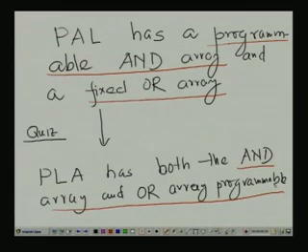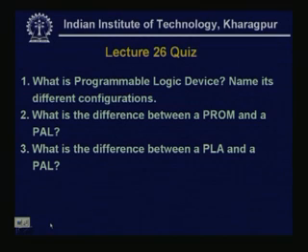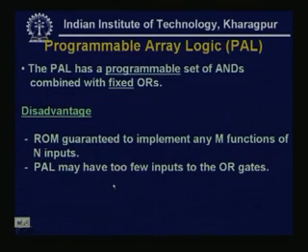So, now we continue the discussion on programmable logic devices, where we have read the details of PROM. Now, we see the actual architecture and design of the PAL, the programmable array logic. Just now we have seen the PAL has a programmable set of ANDs combined with a fixed OR.